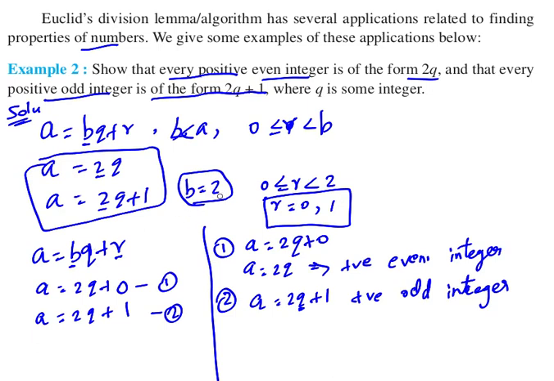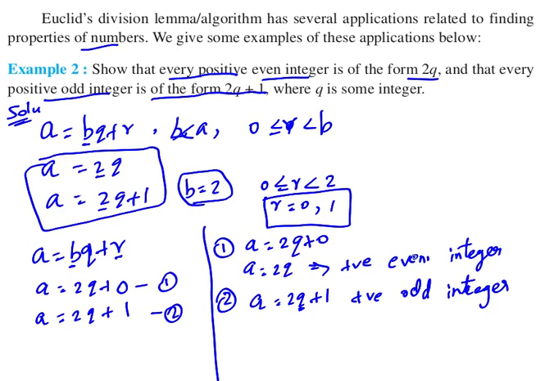So let me substitute this value of b and r in the given Euclid's division lemma format, a equals bq plus r. That means a equals, in the place of b we put 2, so 2q plus r, with r equal to 0 in the first case, and a equals 2q plus 1 in the second case. In the first case, a equals 2q plus 0, this 0 we can leave, a equals 2q.